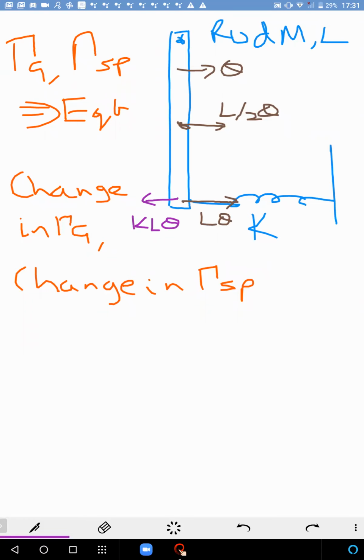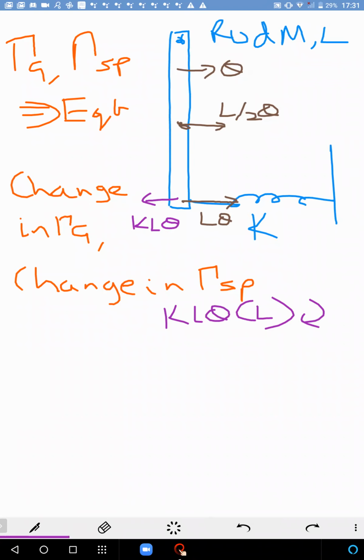If it was compressed, extended, whatever. On top of that, the change is KL theta towards the left, due to which there is a KL theta into L torque in the clockwise direction. KL theta into lever arm is the extra torque the spring applies because of a sudden rotation of theta.